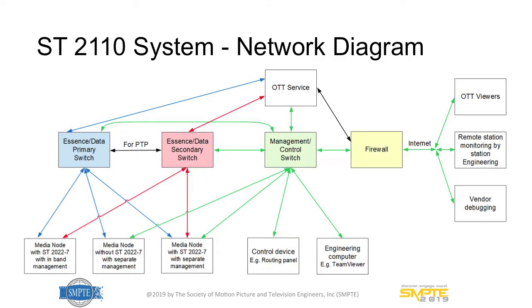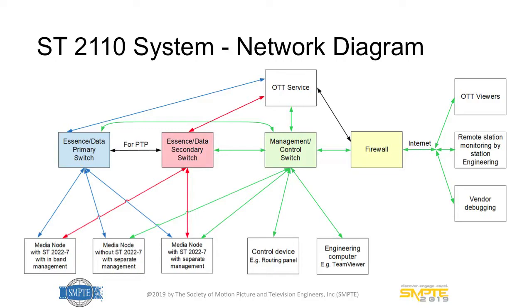So looking from a high-level point of view at what's in the network: on the right-hand side, you've got your essence switches. Assuming you're doing the -7, you're going to have your primary and secondary. You'll have a control switch for doing your management. Some devices have in-band control, so the management switches will be connected to the data essence switches.